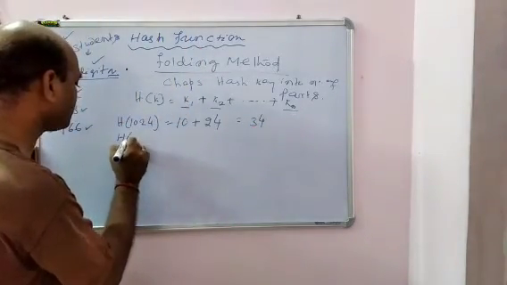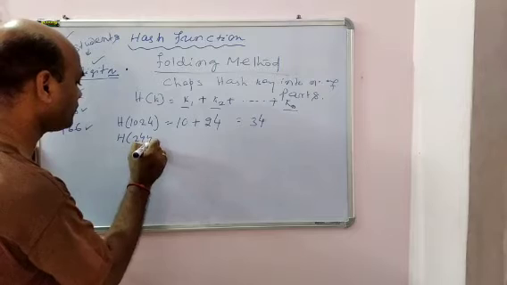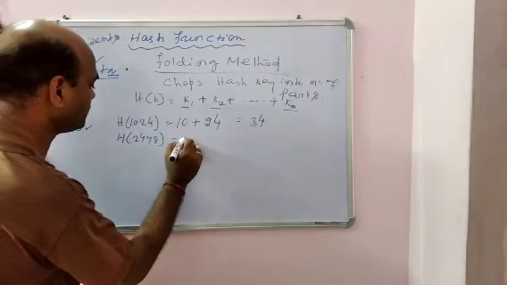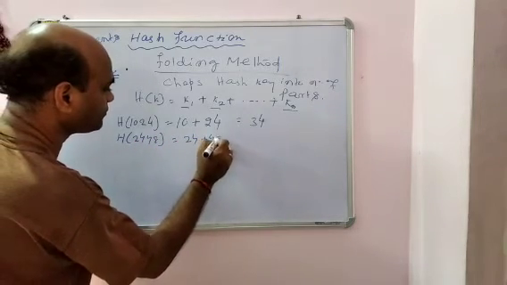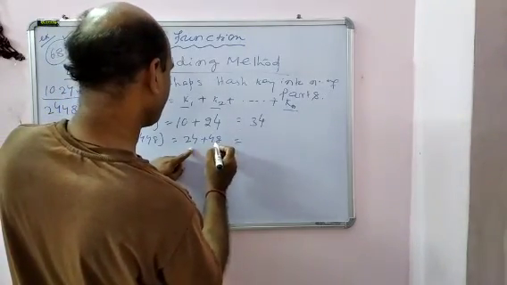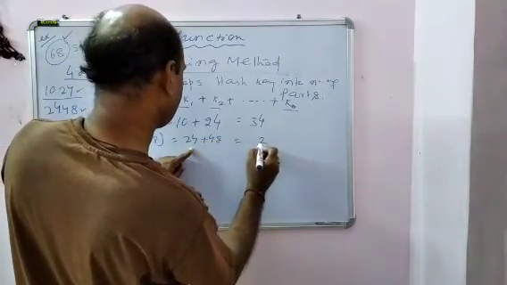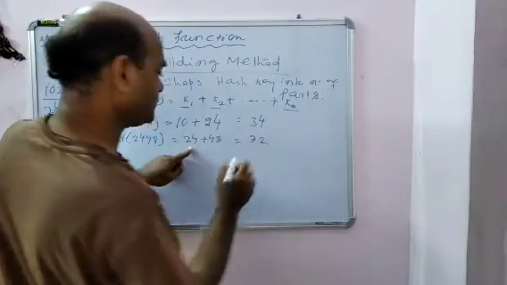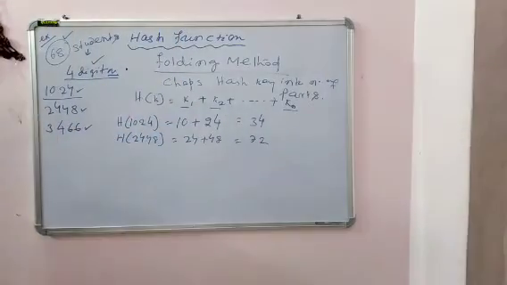Similarly, h of 2448 will be 24 plus 48, which is 72.